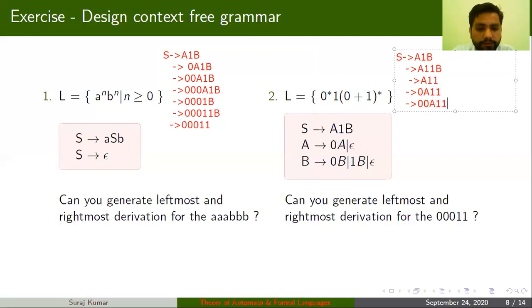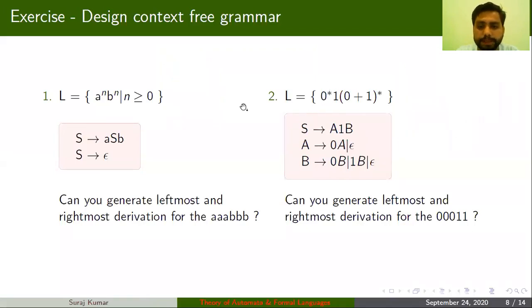You will get this one, and then again in the recursive process you can replace this A with 0A again. So you will get this one, and now you can replace your A with epsilon, so you will get 00011. So this is the leftmost and the rightmost derivation for 00011 for this given language and grammar.